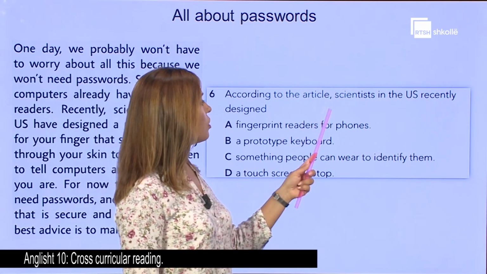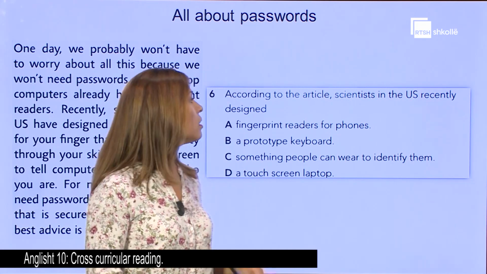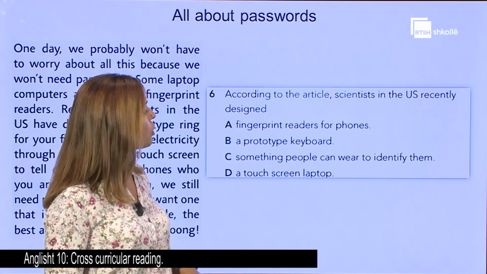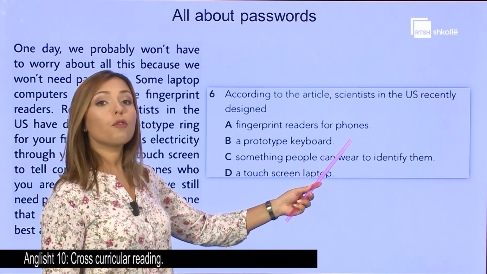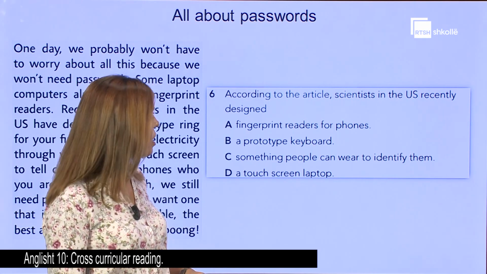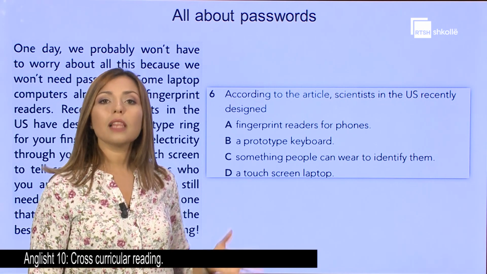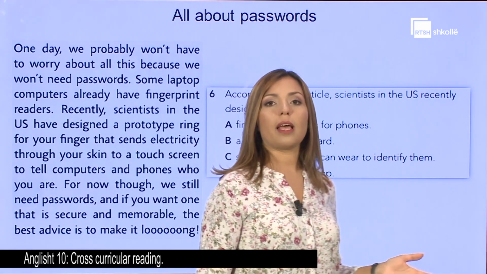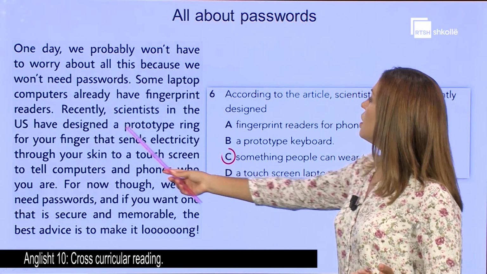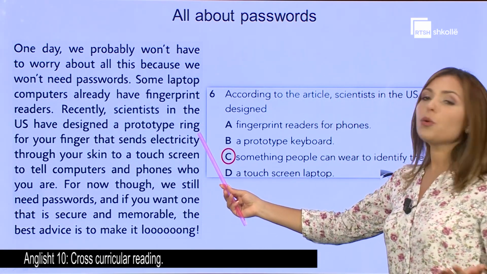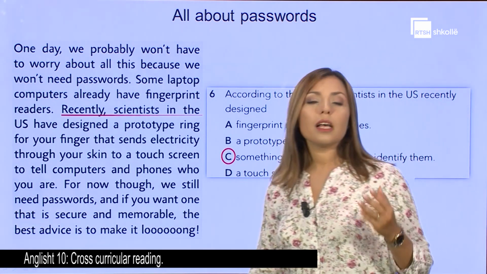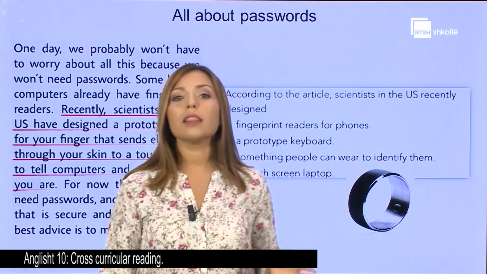So according to the article, scientists in the US recently designed what? Remember from the text: a fingerprint reader for phones, a prototype keyboard, something people can wear, or a touch screen laptop. What did we read in the text? That the US scientists designed a prototype ring. They designed a ring that sends electricity to the laptop.